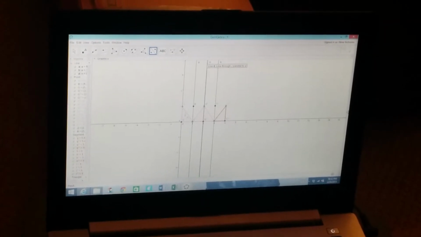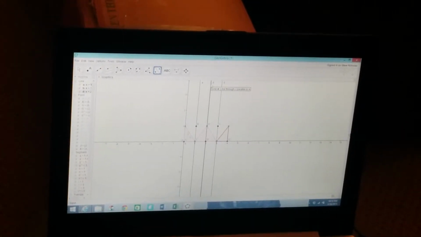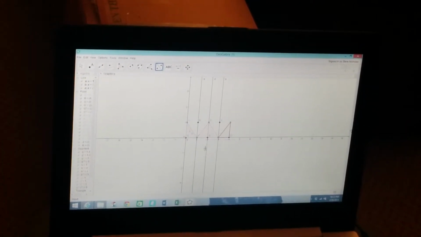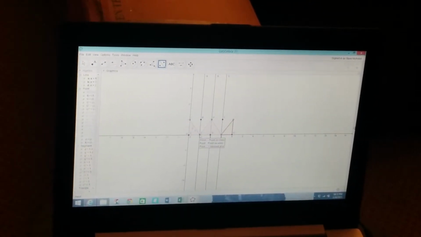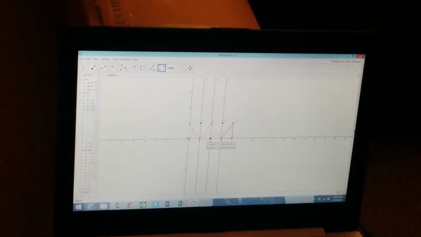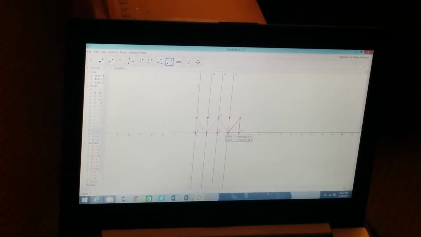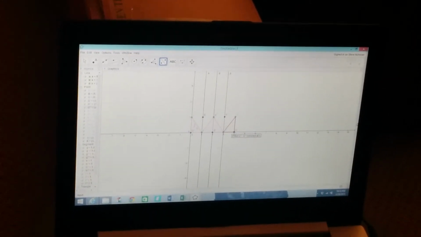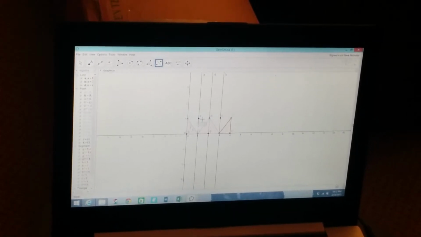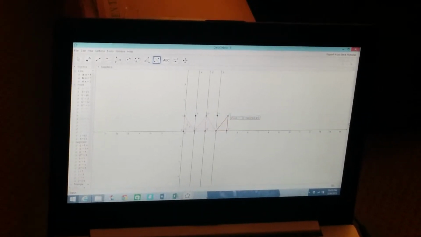But you can also see here that it is just a strict reflection about line M, this line right here. Point G is two away from the line of reflection on the left side and is two away on the right side. And the same with H: two away on the left, two away on the right.